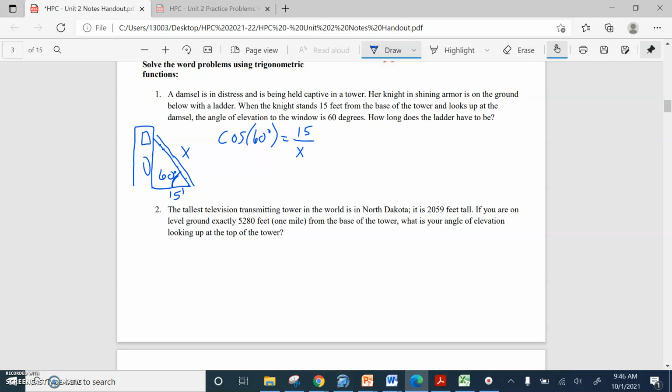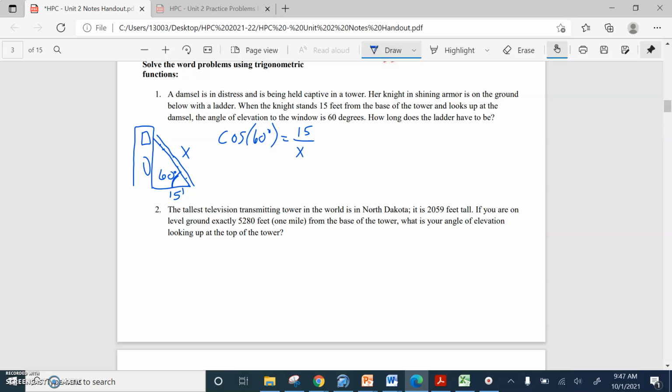When you have a problem like this and you're trying to get x by itself, it's either a two-step process. If you want to do all the algebra, you multiply both sides by x, so you get 15 alone on the right side, and then x times cosine 60 on the left. And then you divide both sides by cosine of 60, and you get x by itself, and you get 15 divided by cosine 60.